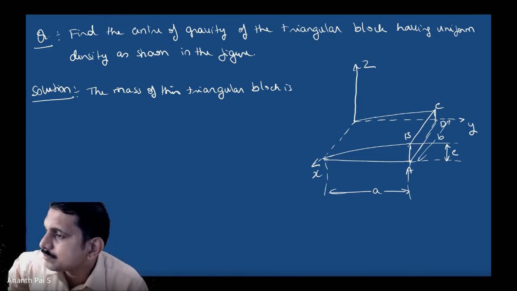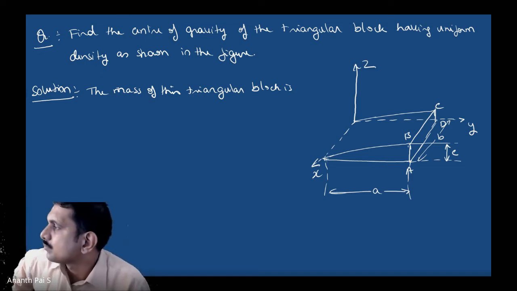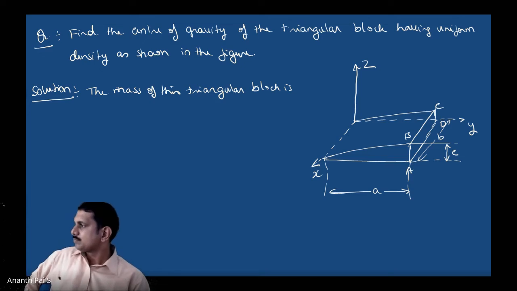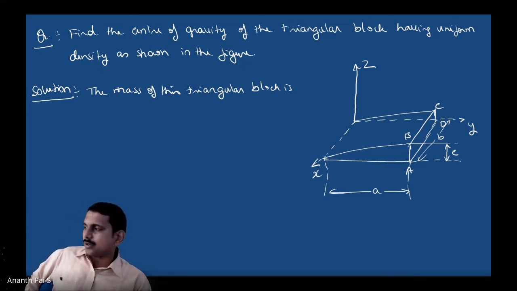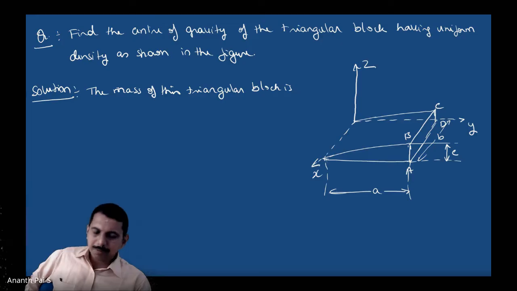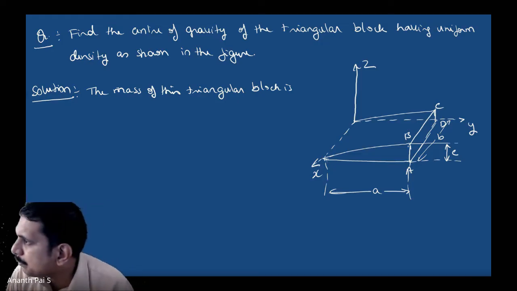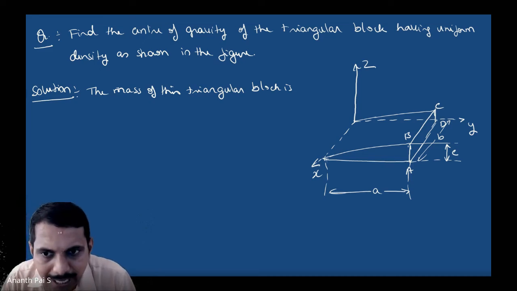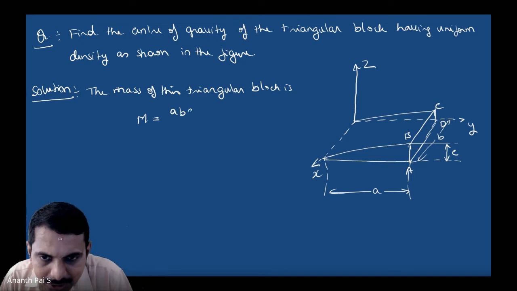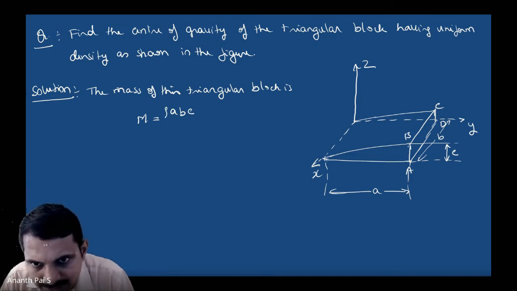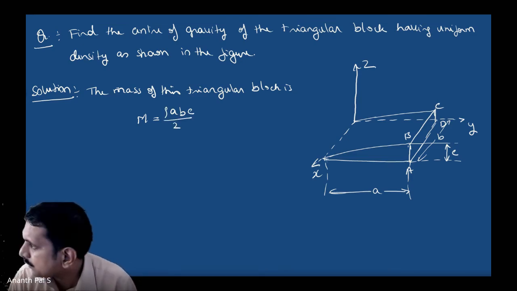Online students, what is the mass of the triangular block? So density into ABC divided by 2, is it not? Because it's a part of a rectangular parallelepiped, right? So the mass is equal to ABC into density divided by 2, correct?